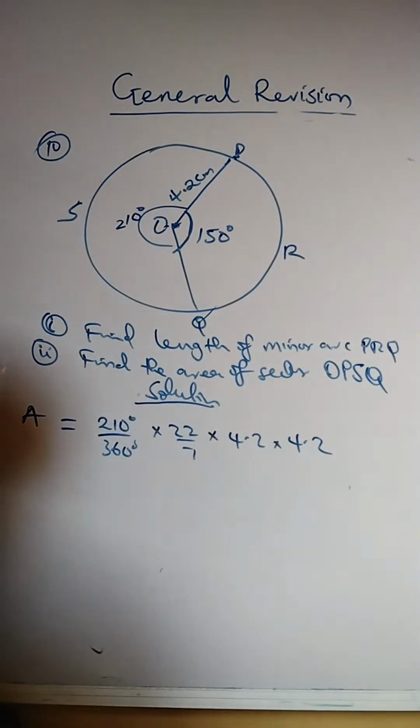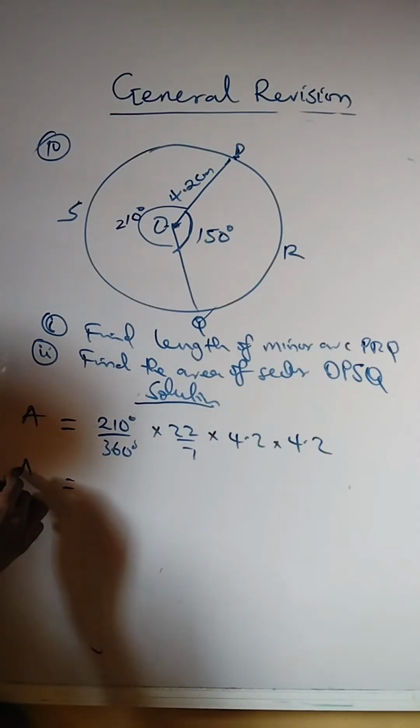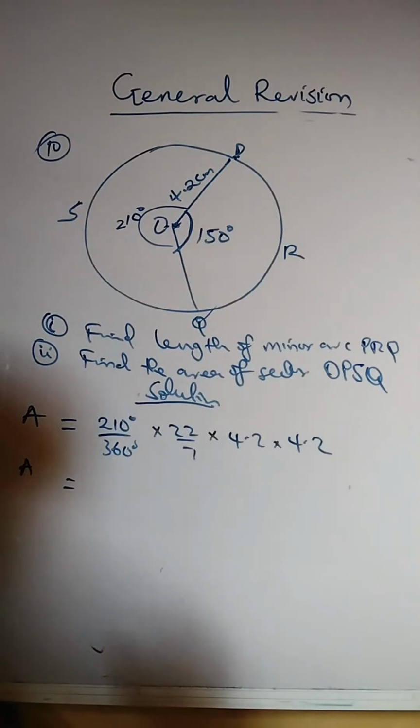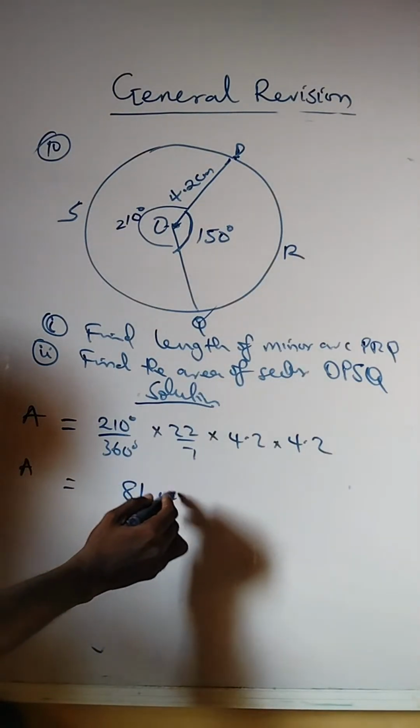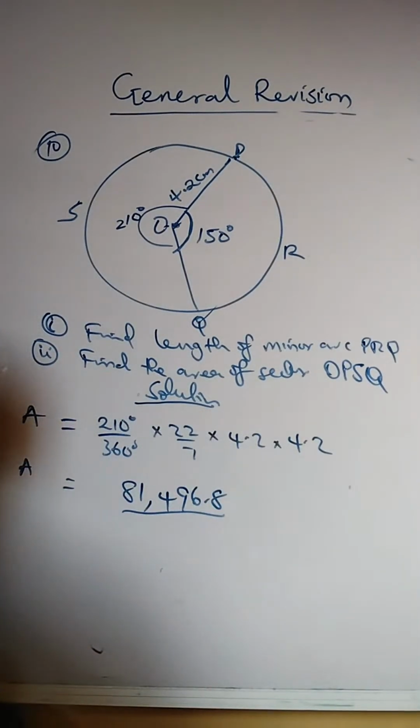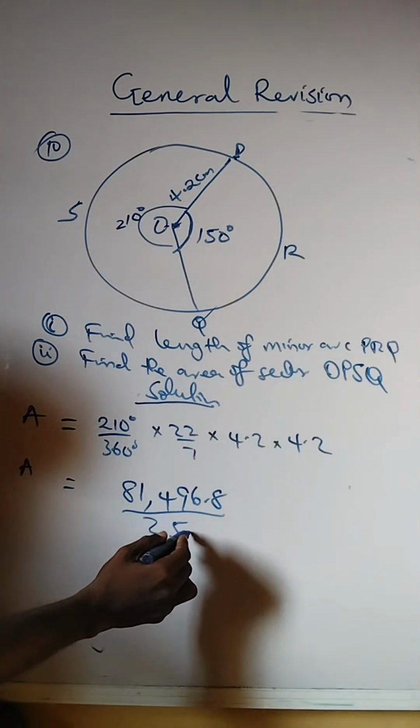Then when we multiply and divide, we have 210 multiplied by 22 times 4.2 times 4.2, which is 81,496.8, divided by 360 times 7, that's 2,520.